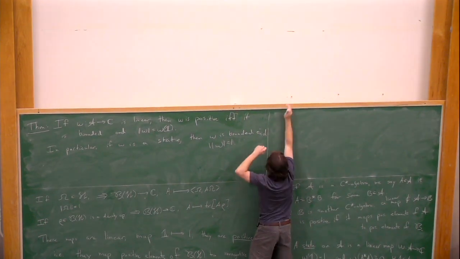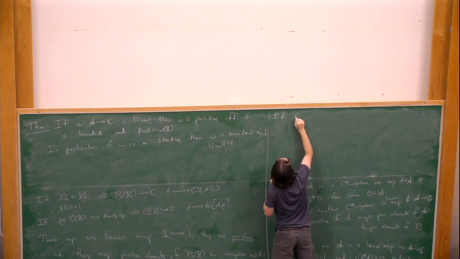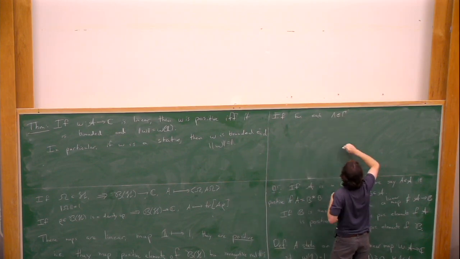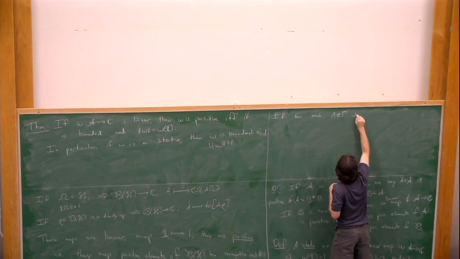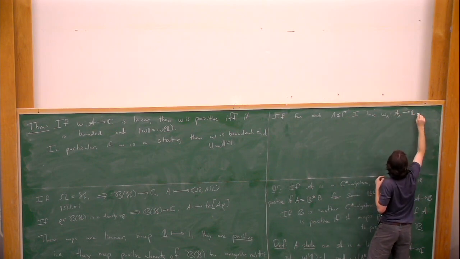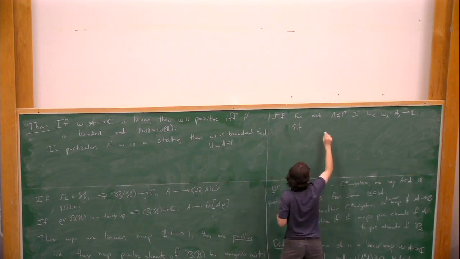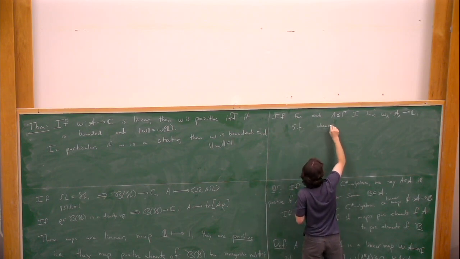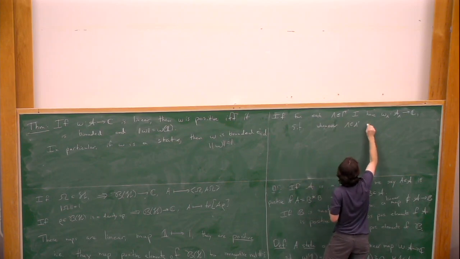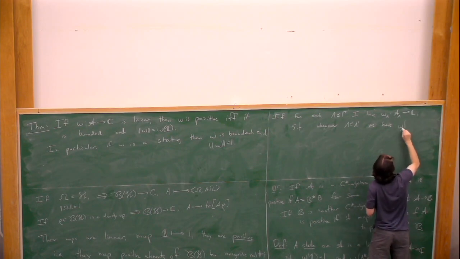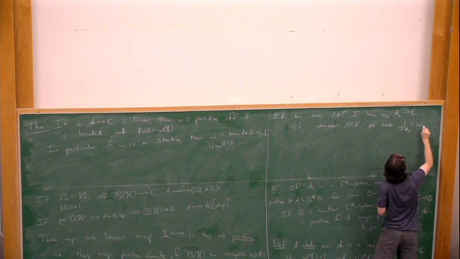So in other words, if for each finite subset lambda of gamma, I have a state, omega lambda, on A lambda, such that this plays nicely with inclusions, such that whenever lambda is a subset of lambda prime, we have omega of lambda prime restricted to A lambda is omega lambda.